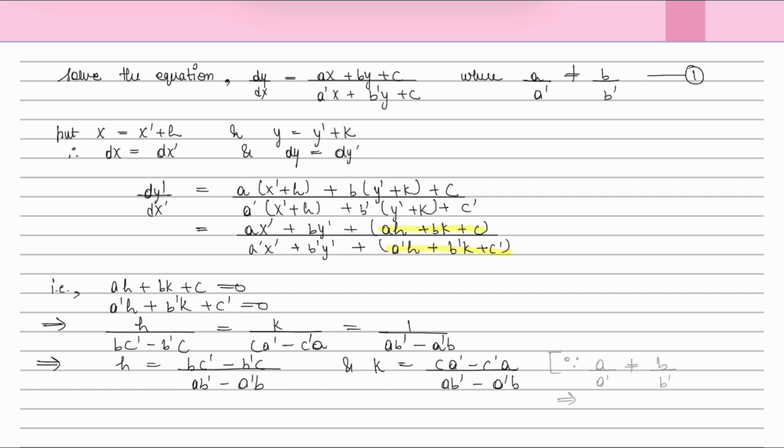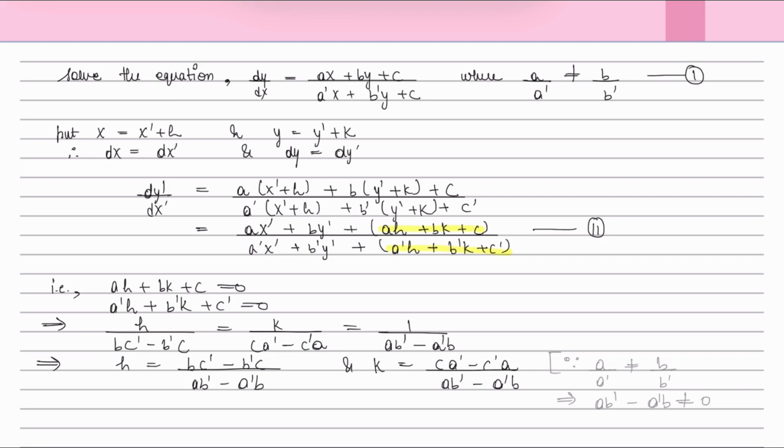It means that a into b dash minus a dash into b is never going to be 0. Therefore, the values of h and k will be finite numbers. After taking these two constant terms equal to 0, equation number 2 will reduce to a homogeneous equation in x dash and y dash, and then we can solve it in our usual process.